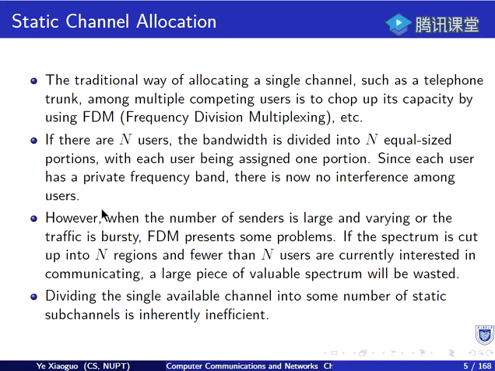So dividing the single available channel into some number of static sub-channels is inherently inefficient. Static channel allocation is very easy and the basis of allocation schemes, but it is not suitable for a dynamic environment.